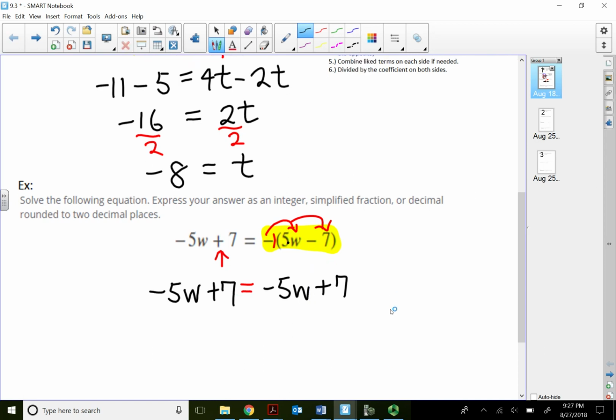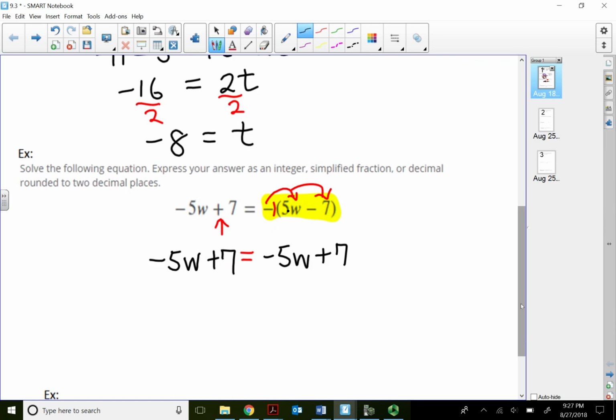Now if you take a look at it, the left side is exactly the same as the right side. So let me show you a trick. Whenever you see exactly the same term on both sides, they will automatically cancel out. As a matter of fact, positive 7 on the left and positive 7 on the right side will also cancel out. So in this case, my variable term actually got canceled out.